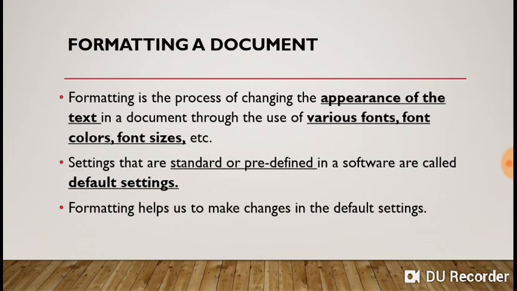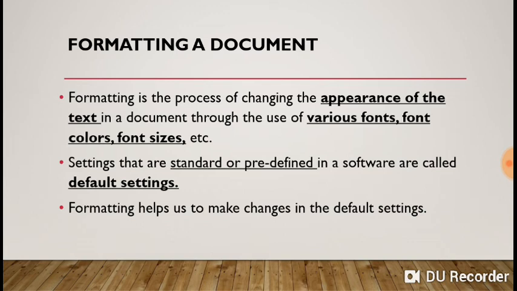Firstly, let us discuss what formatting is. Formatting is the process of changing the appearance of the text. If we want to make changes in the appearance of the text, yes, we can do it in OpenOffice Writer.